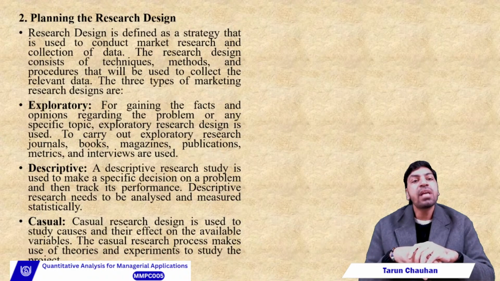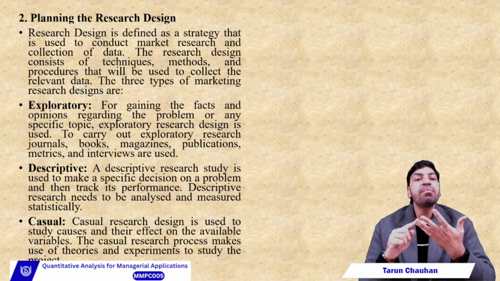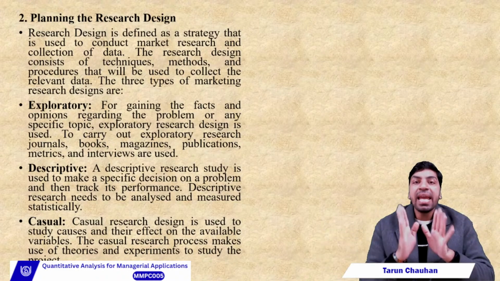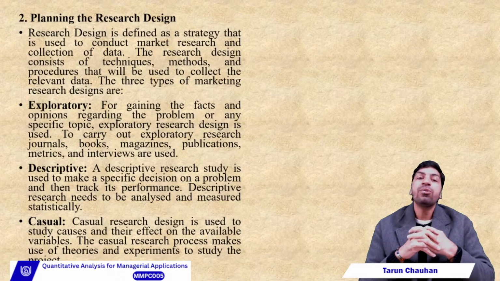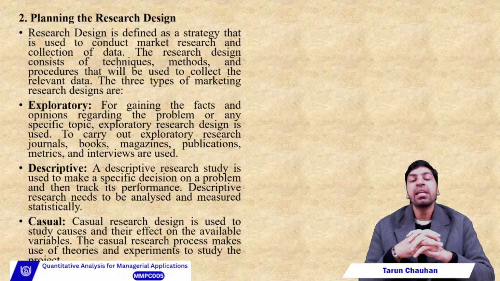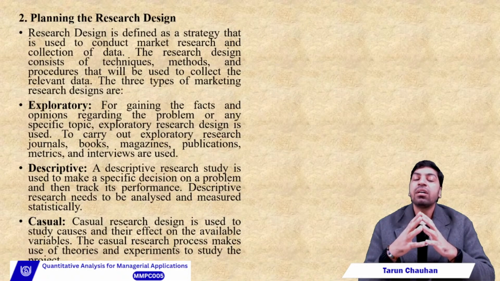So the research design includes techniques, methods, and procedures which are always used to collect the data from the respondents. And there are three main types of research design related to marketing issues.